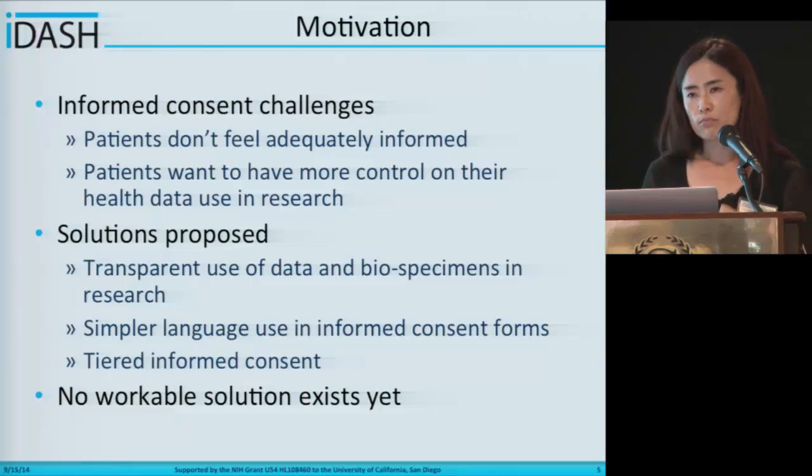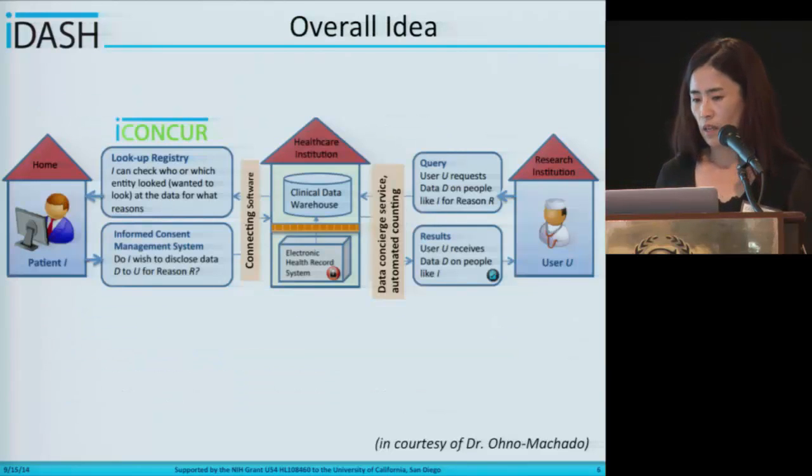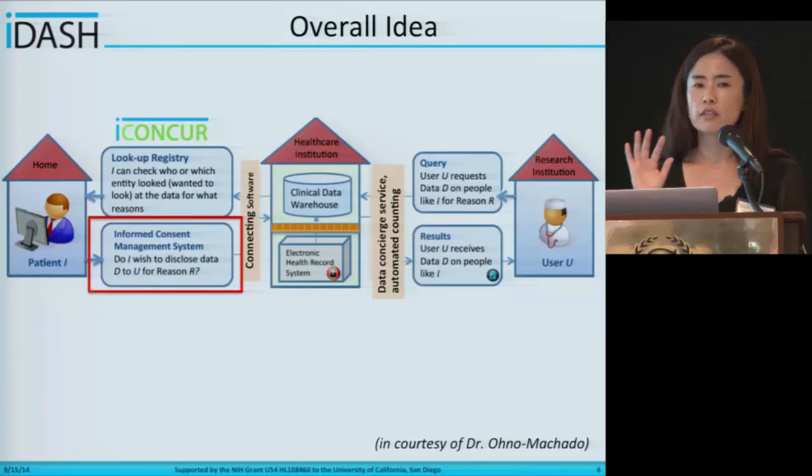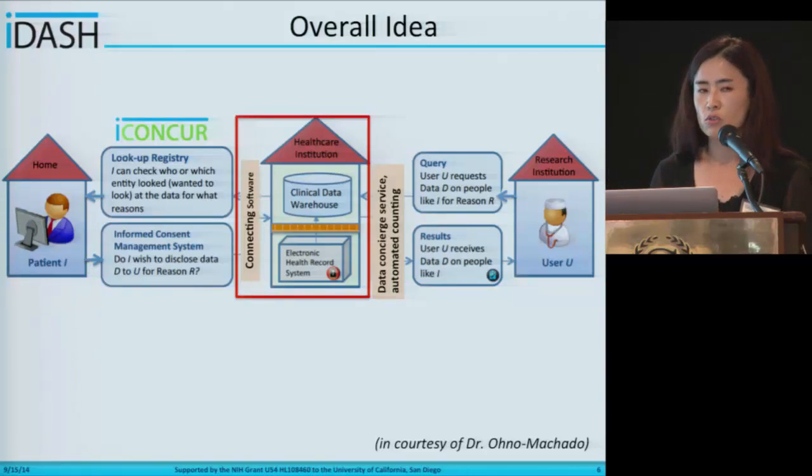With the iConcur project, what we are trying to do is to implement this idea and see what impact these solutions can bring. This is the overall idea of the project. We will let patients indicate their data sharing preferences, and that information gets stored in the data warehouse environment.